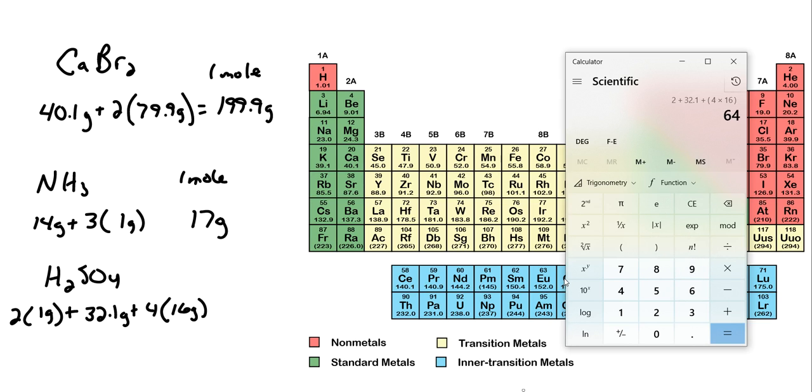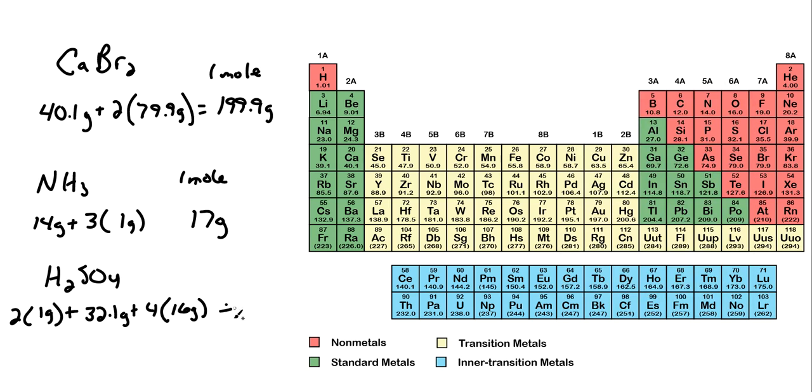So 2 plus 32.1 plus 4 times 16 equals 98.1 grams. 1 mole of sulfuric acid weighs 98.1 grams.